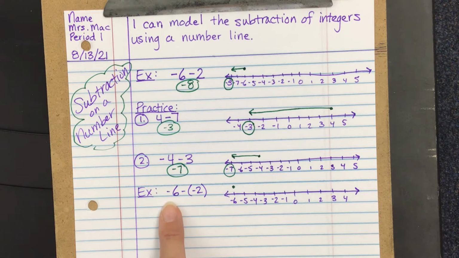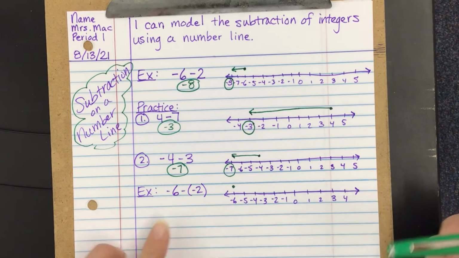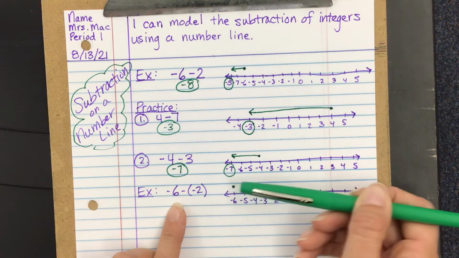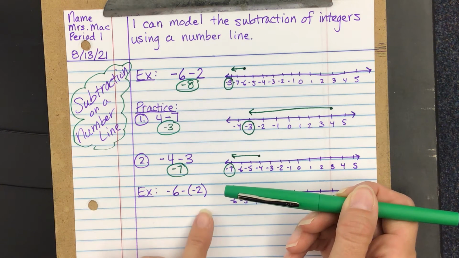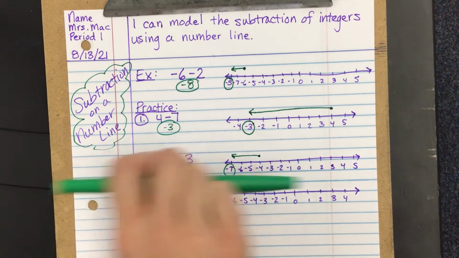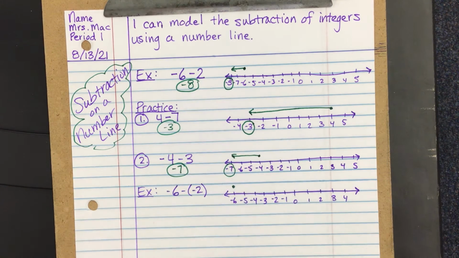Okay. The other way that you can think about this is you have -6 and you take away the opposite of 2. Okay, you take away the opposite of 2. So when you're subtracting, you go this way, right? But you're taking away the opposite. So we're going to flip and go the other way. Okay?